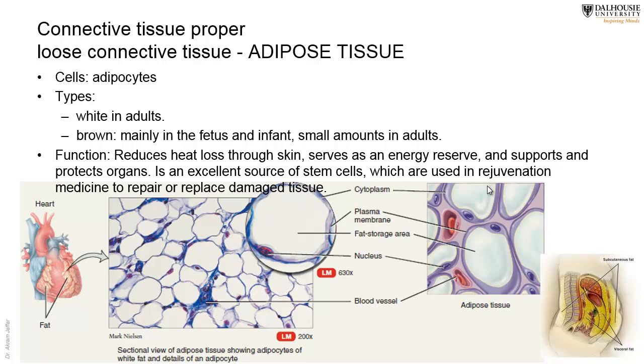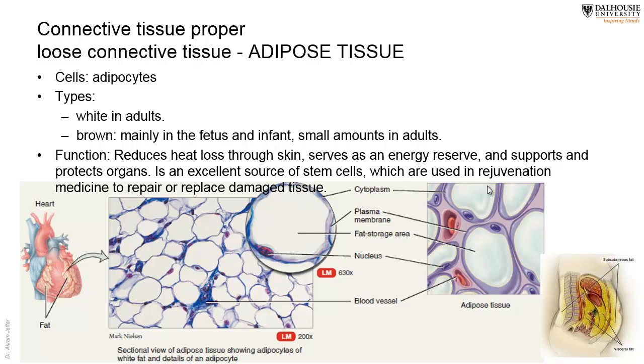And it also supports and protects organs. For example, the kidney is surrounded by a large amount of fatty tissue, which supports the kidney in its position. There's also a large amount of adipose tissue that surrounds the heart.